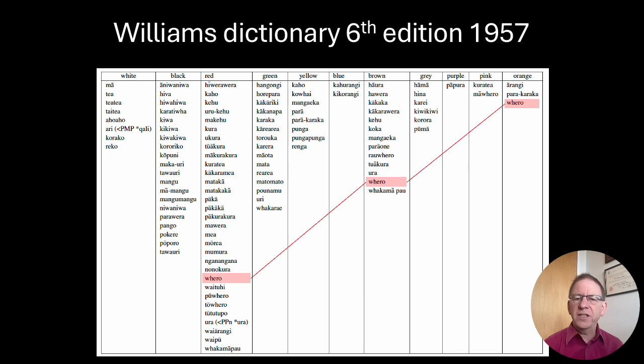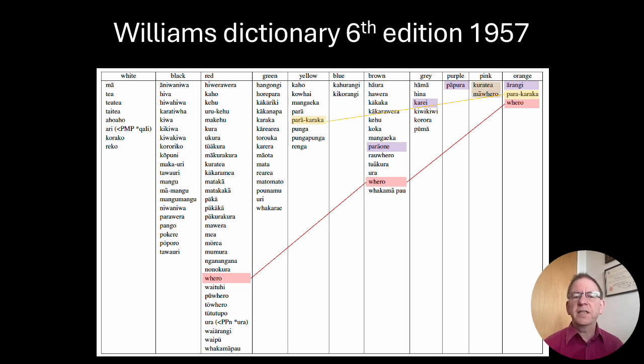The modern orange is karaka. In 1957, William lists parakaraka, which can mean yellow or orange, furrow, which can mean red, brown, or orange, or arani, which is a loan word from English. Indeed, there are lots of loan words for concepts that did not exist in earlier Māori. Brown as a colour in its own right, grey, purple, and orange.